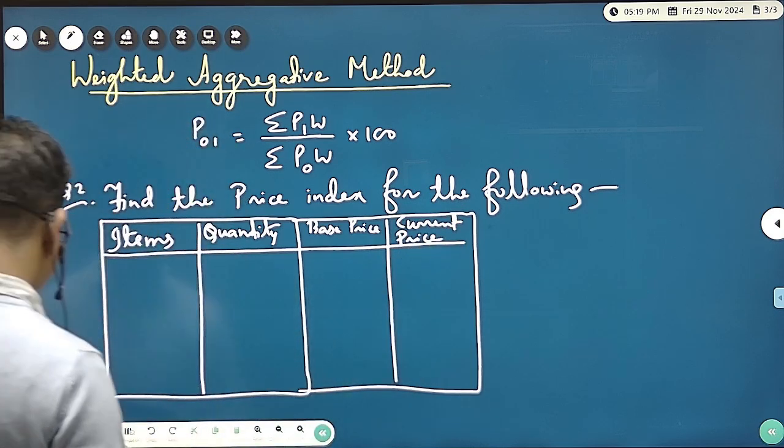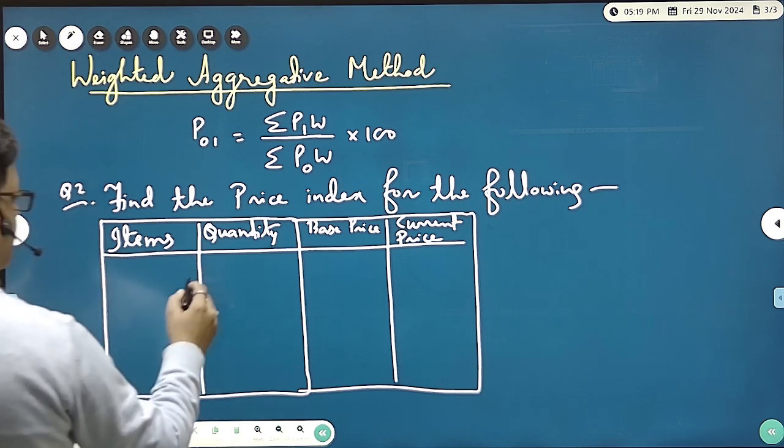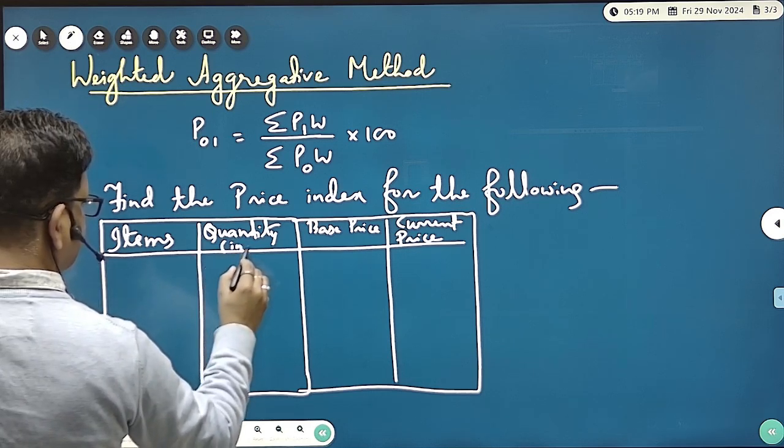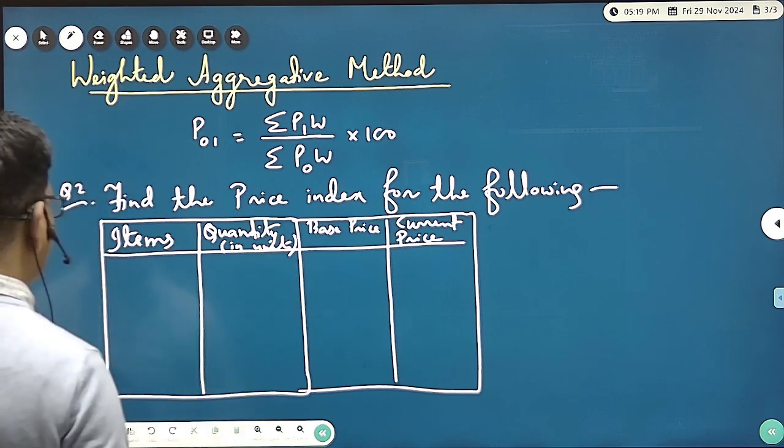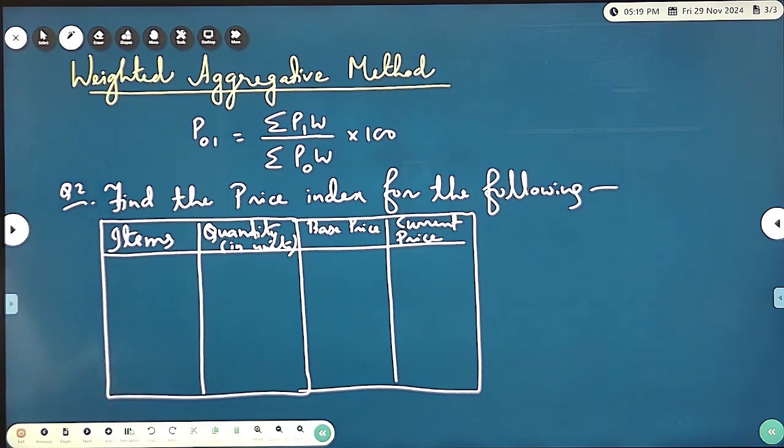Now the quantity is in units, which means it can be a number also. It doesn't matter. We just see how much the price index is.